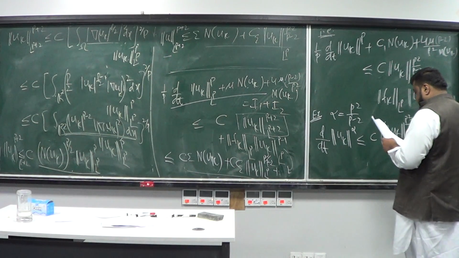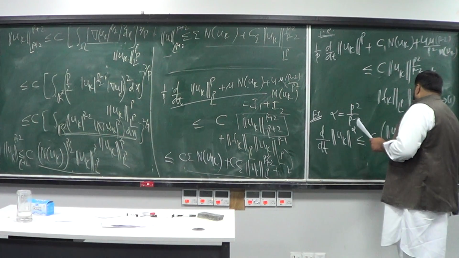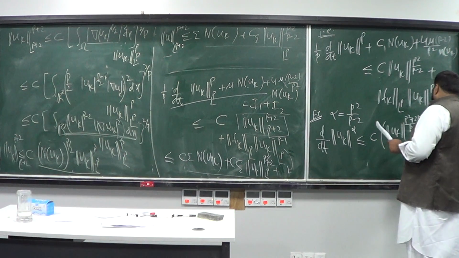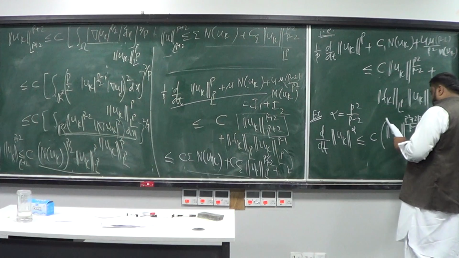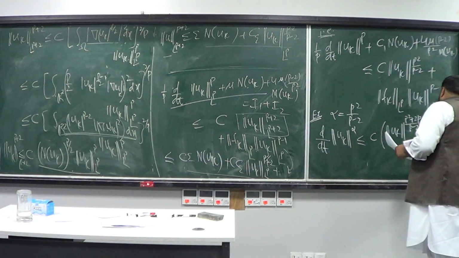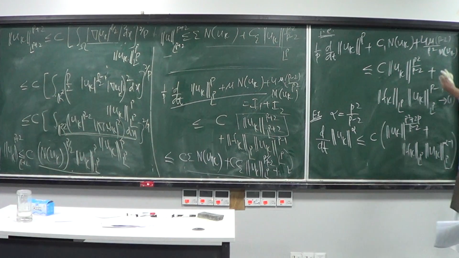plus fk LP norm and uk LP norm and alpha minus 1. Okay? So in other words, using this inequality, try to deduce this inequality.